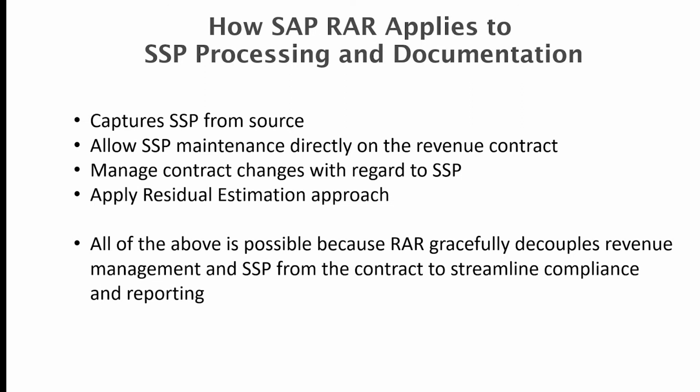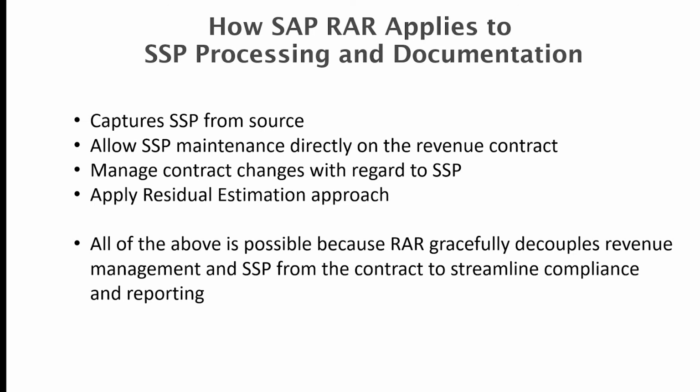Again, moving to the fourth bullet point in the top set, the old faithful of residual estimation approach, out-of-box functionality for SAP RAR. If you just run out of ideas or run out of options to calculate an SSP for a particular line item, you have a lot of price variability or whatever else happens, and it becomes a very challenging thing to do to apply upstream, you can always fall back onto that, assuming your auditors agree, of course, and allow the tool itself to do the residual estimation approach of SSP, which is an out-of-box functionality.